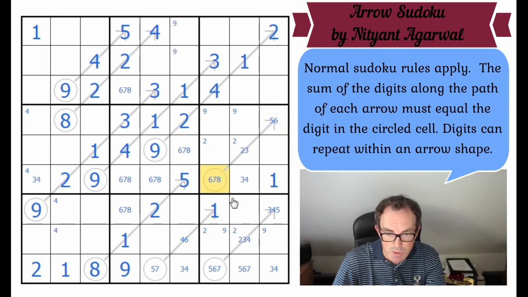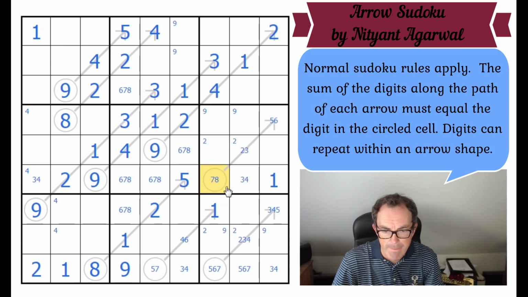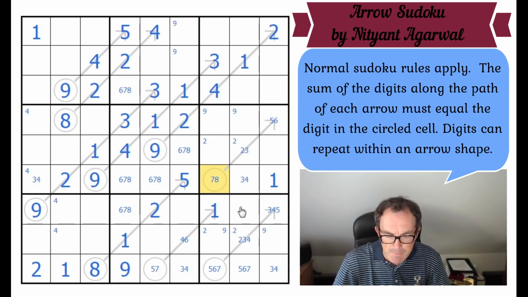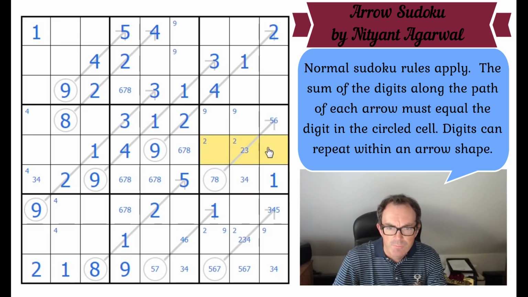So now this square can't be 6 anymore. And is that helpful? Might be. Maybe. So 4 in this... Oh yes, it is helpful.